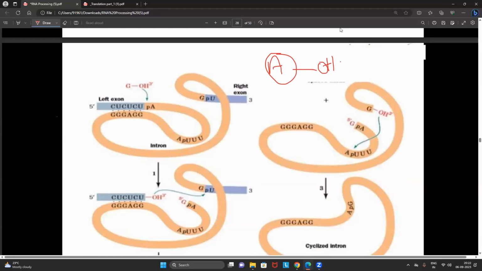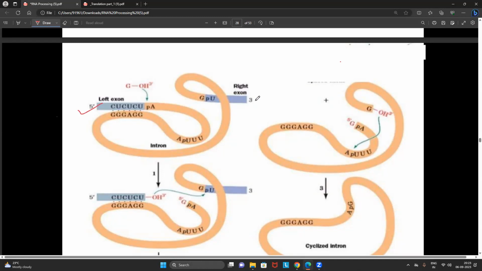In the case of a group 1 intron, there is a presence of the branch point. But the branch point does not have an internal OH group. So which means that someone has to donate this OH group. Who is going to donate that OH group? That is the question. Guanine. Every student remember, guanine can act as an external donor of the OH group. Look into this picture, everyone pay attention to the diagram.